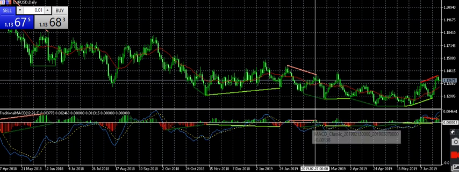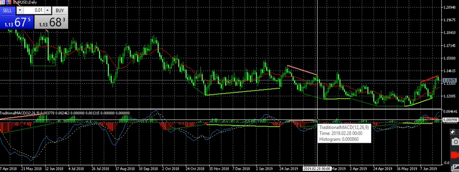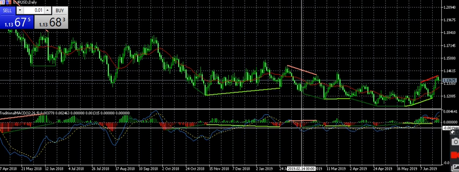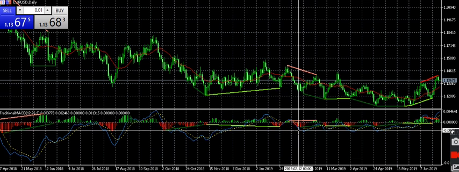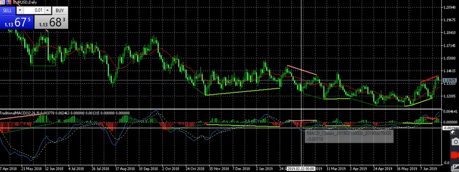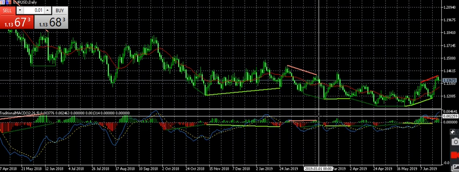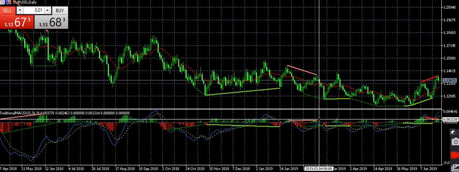In case of a ranging environment, of course, I would use the histogram as it's more sensitive to direction change. So when the histogram starts receding back, well, you see the price moving up, and when the histogram starts receding down, the price moves down.